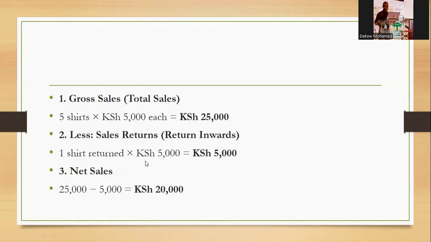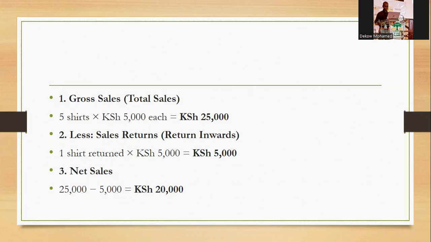One shirt returned, multiplied by 5,000, comes to 5,000. Now, for us to get the net sale, we subtract the sales return from the sales. We also call it return inward. So our net sale will be 25,000 subtract 5,000, that is 20,000.